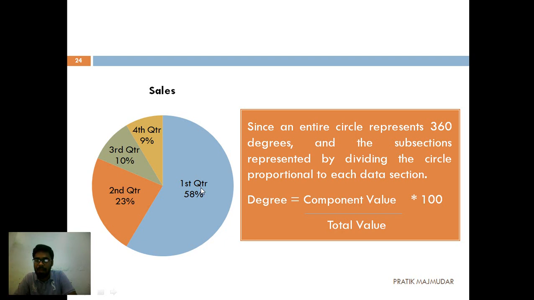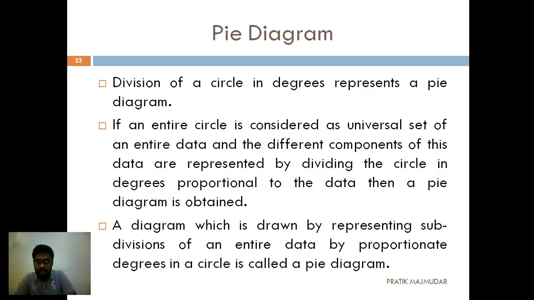So out of 100%, 58% of the selling is done only in the first quarter. This is easy to understand just by putting your figures into a pie diagram. You are able to analyze everything, and it becomes very easy.